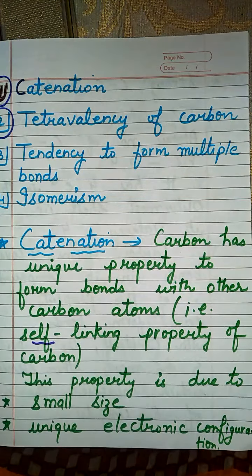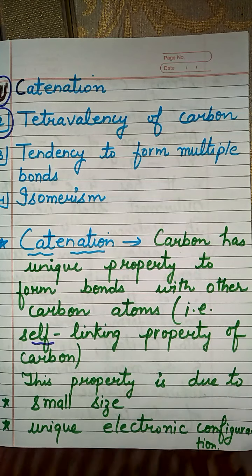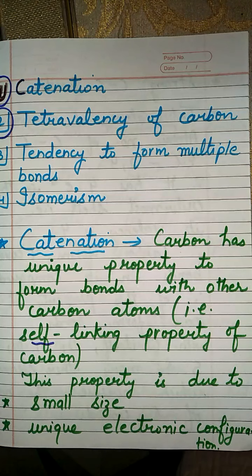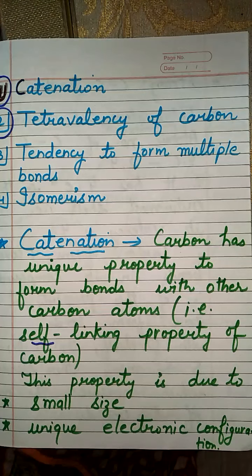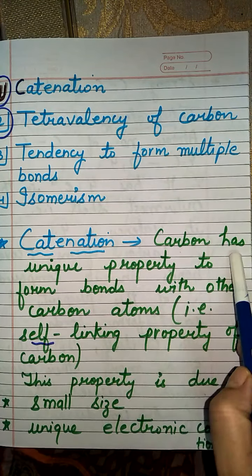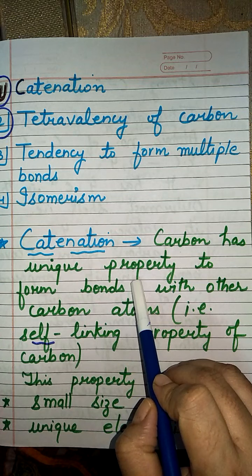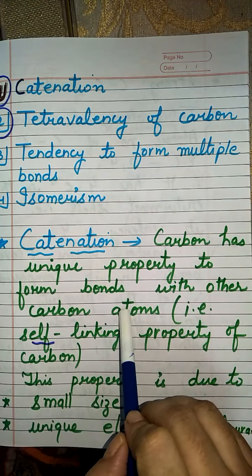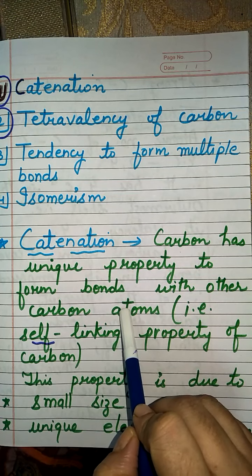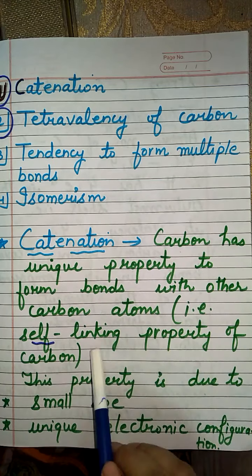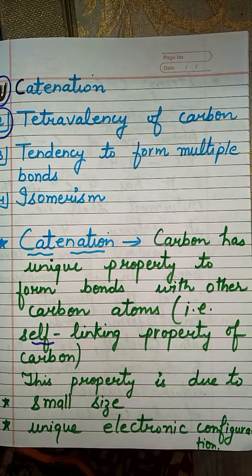Self-linking means carbon forms bonds with carbon itself. Carbon has the unique property to form bonds with other carbon atoms. That is the self-linking property of carbon.